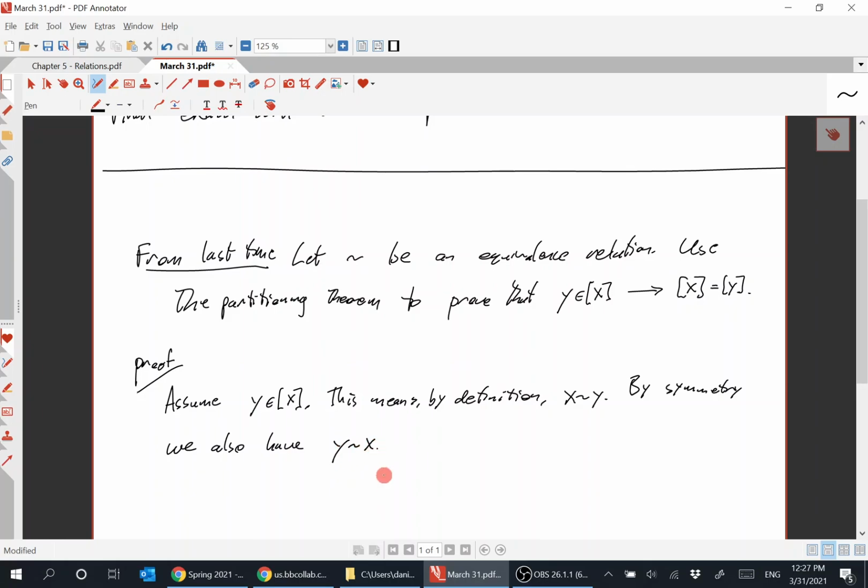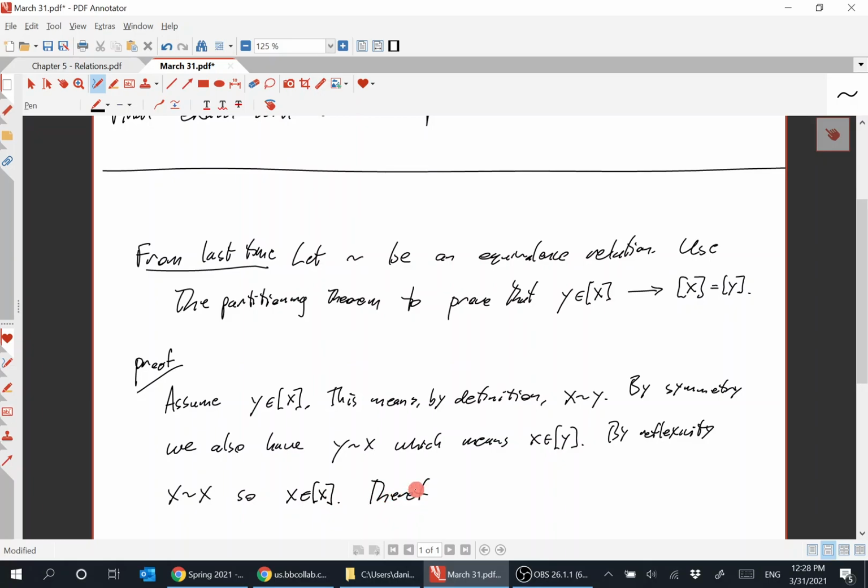Now, y is related to x, which means x is an element of the equivalence class of y, right? Okay, by reflexivity, x is related to x, so x is an element of the equivalence class of x.